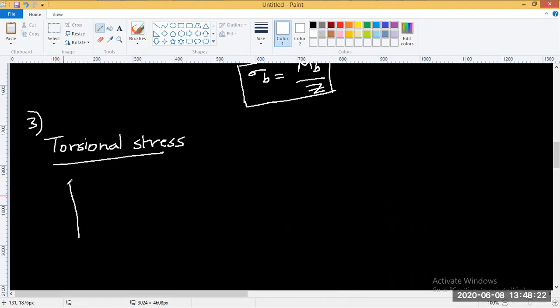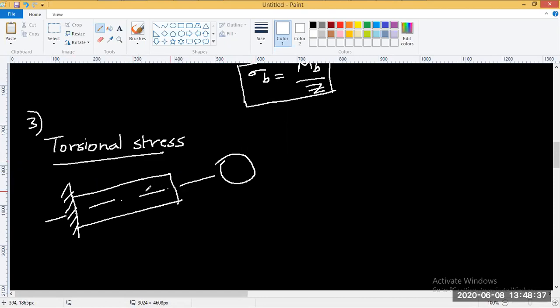So take the same example. You have a fixed wall in which you have protruding, let's say, a cylindrical shaft, and you are applying torque to this. You are trying to spin it. So it's no longer called force here. You can't apply force when it is in a circular fashion, right?